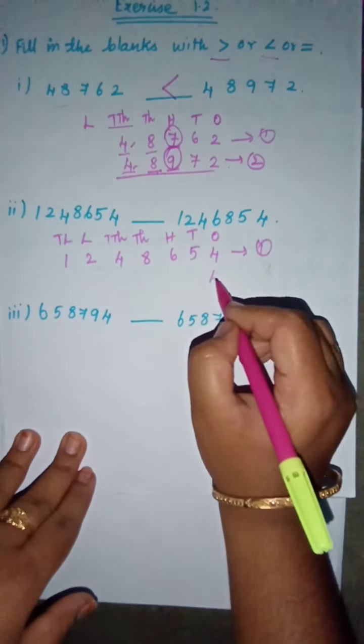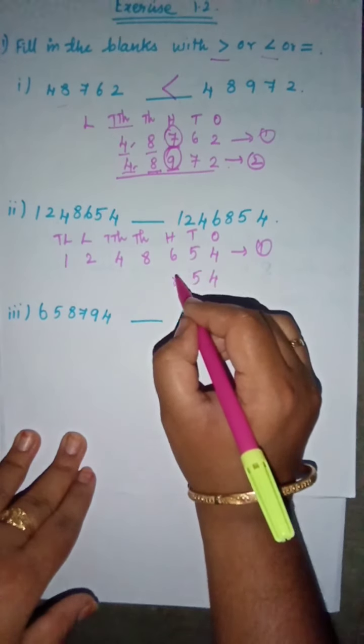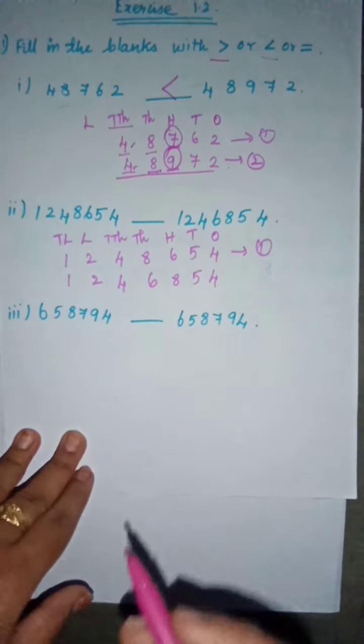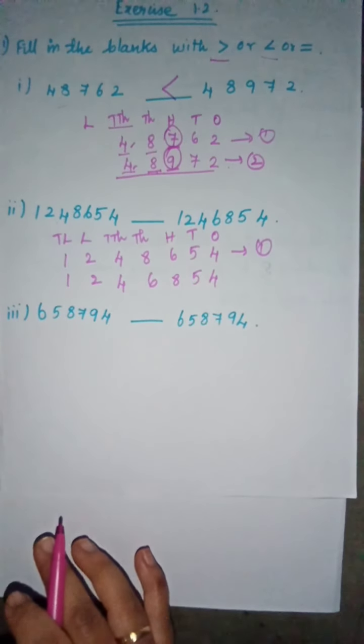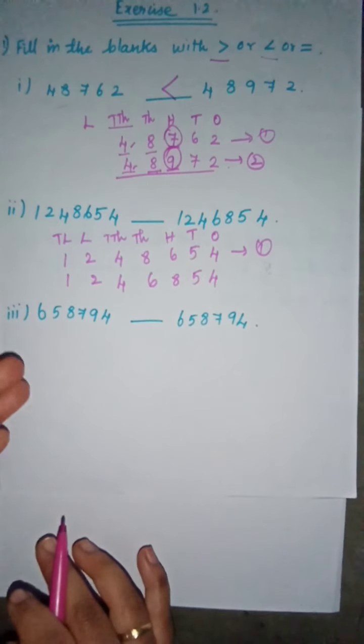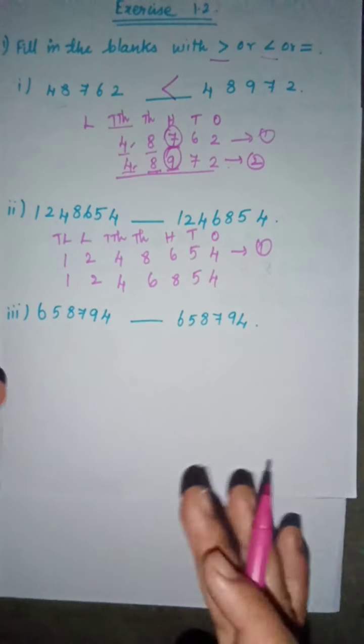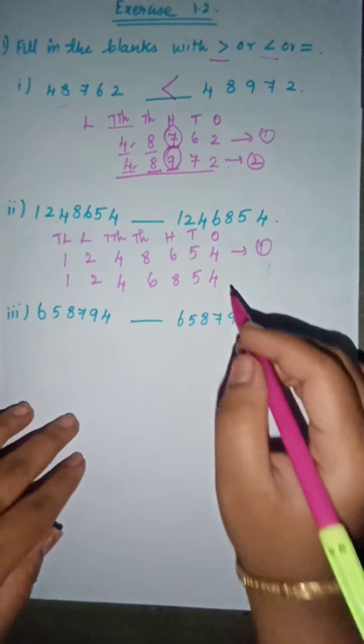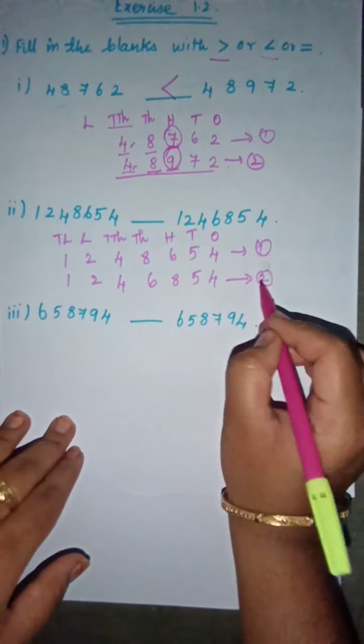This side: 4 5 8 6 4 2 1. Now we have to compare the place value. While comparing the place value, both numbers are in 10 lakhs, so it is equal. Leave it. Next, we have to move to the first digit, the second one, right?